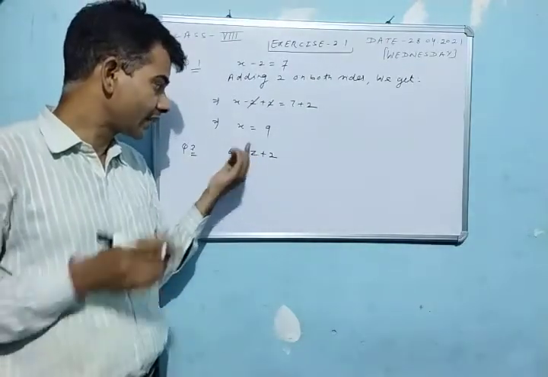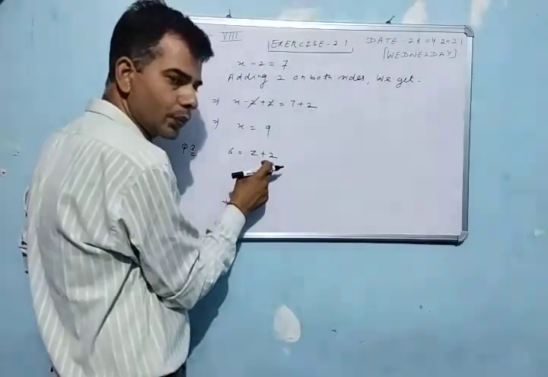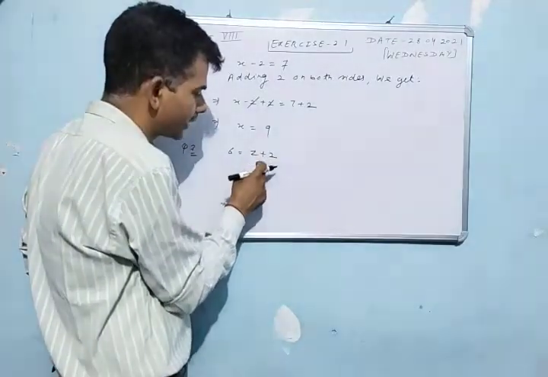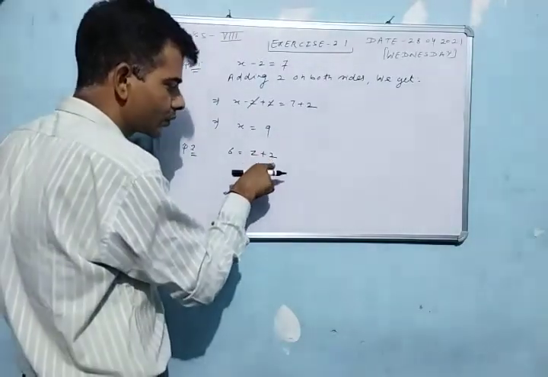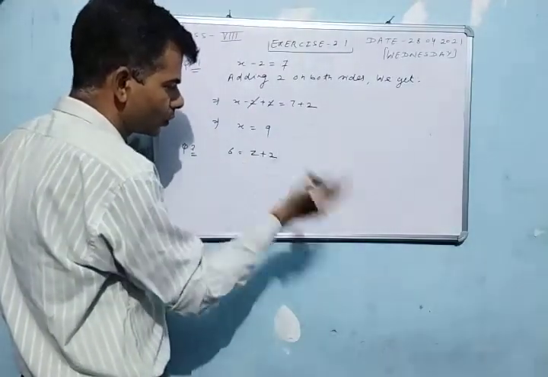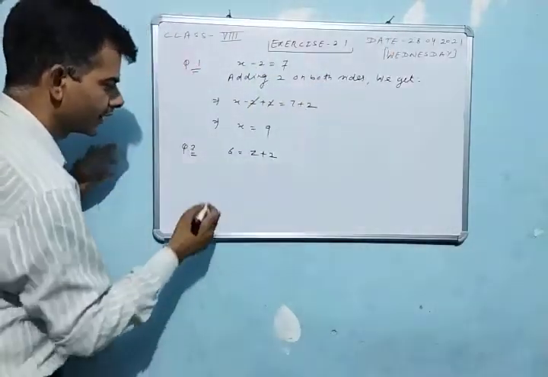Student, please check what is added to z. Plus 2. Now student, we will subtract 2 on both sides. If there is plus 2, subtract 2 on both sides. If there is minus 2, add 2 on both sides.